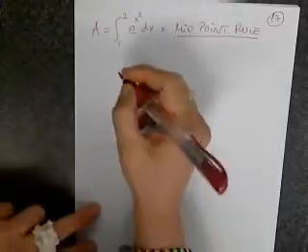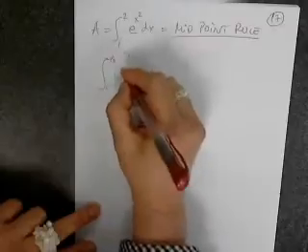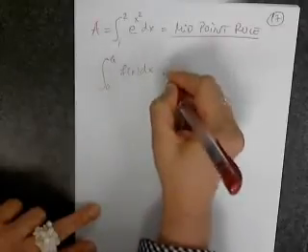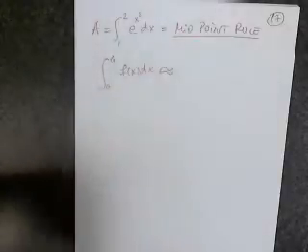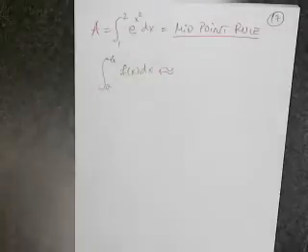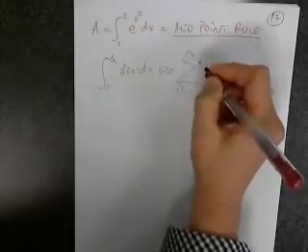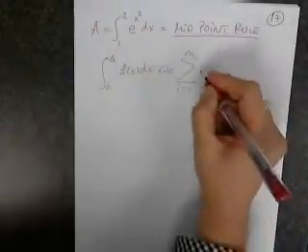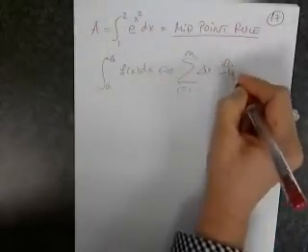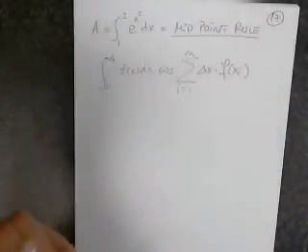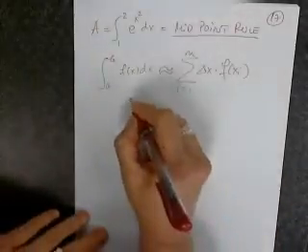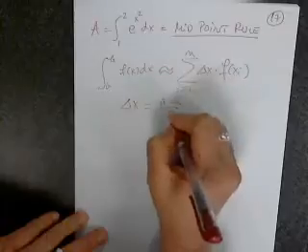The integral from a to b of f of x dx is approximately, and here's the midpoint rule, as we know, the sum from i equals 1 through n of delta x times f of xi. Delta x is the same, b minus a over n.